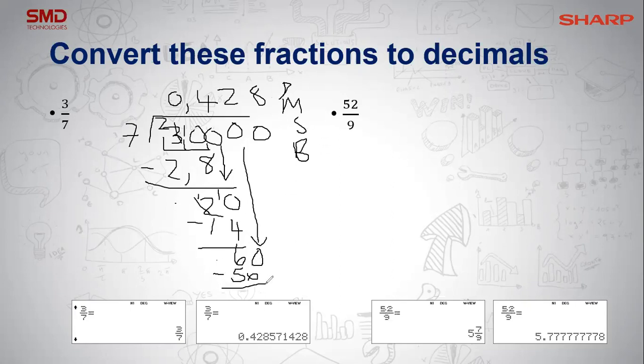Sister subtract. 10 minus 6 is 4. 5 minus 5 is 0. Bring down a 0. And you can see that this is endless. Even from the answer on the calculator, you can see the pattern starts to repeat itself only later. So we can just say dot, dot, dot, or we can round it off depending on what the question actually requires from the students.